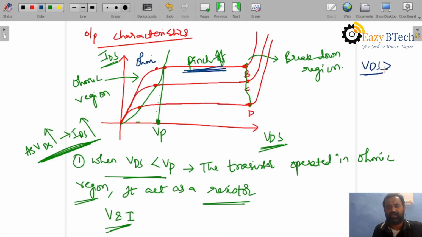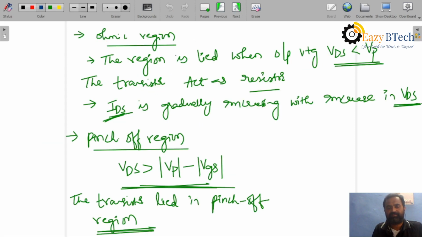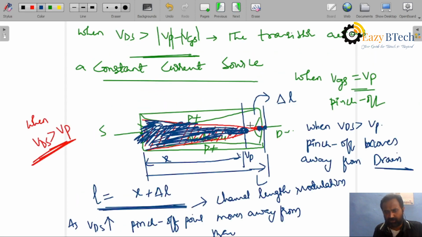When VGS is increased more and more and VDS is greater than VP, a strong electric field can exist, due to which breakdown can occur and a huge current can take place within the depletion region.